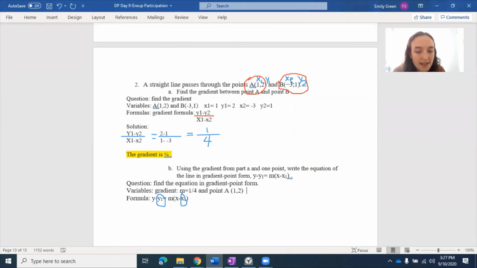That means that we're going to say x1 equals 1 and y1 equals 2, just taking that directly from point A. So now we're going to be able to use this formula to solve it. And we're going to do the same thing that we did in question 1, plug in the numbers.